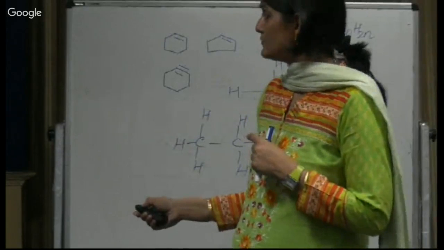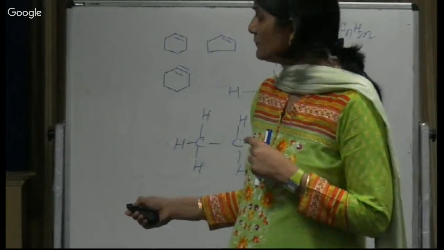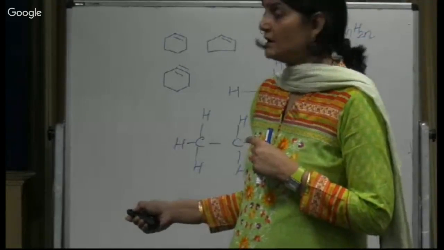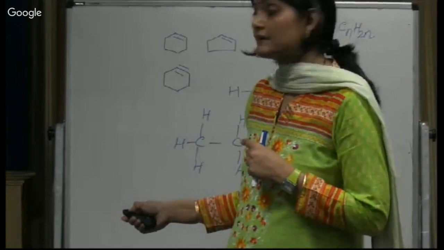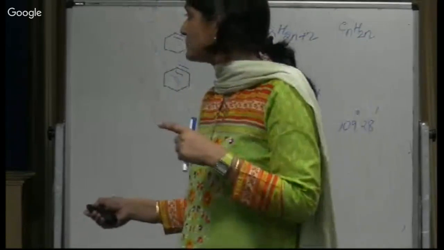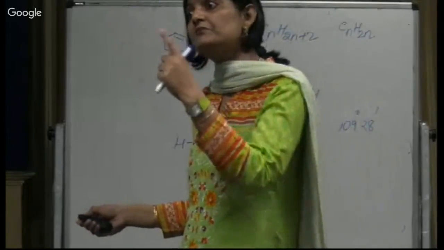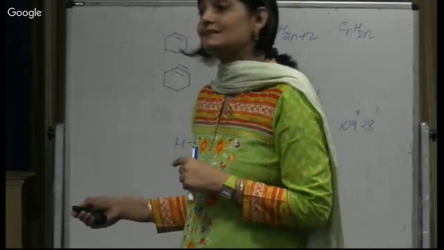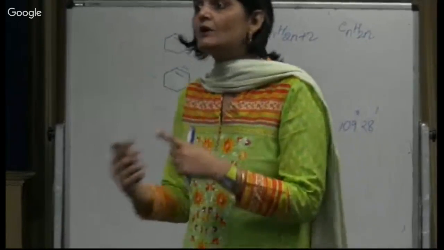If you see, I've given you the melting point of hexane, and I've given you the melting point of pentane. If you look at the melting point of heptane also, which has one carbon more than hexane, the melting point will be lower than that of hexane. That is what you call the alternation effect.